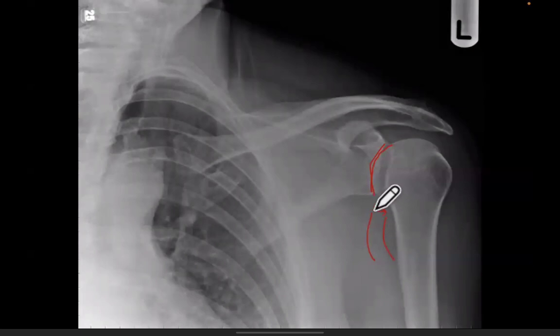So the gap at the top should be the same as the gap at the bottom, but these are clearly overlapping. We've got the trough sign, which is this white line here, and it indicates that there's been a reverse Hill-Sachs lesion and a posterior Bankart lesion. So this is a posterior dislocation.